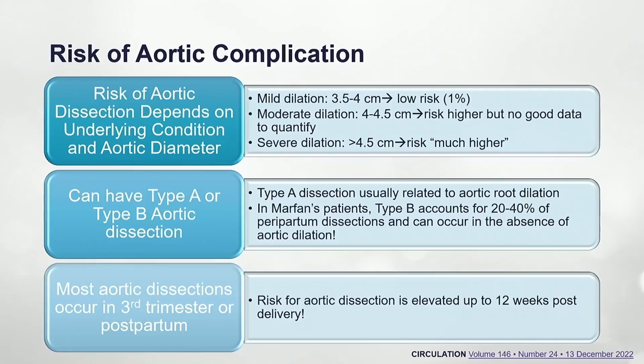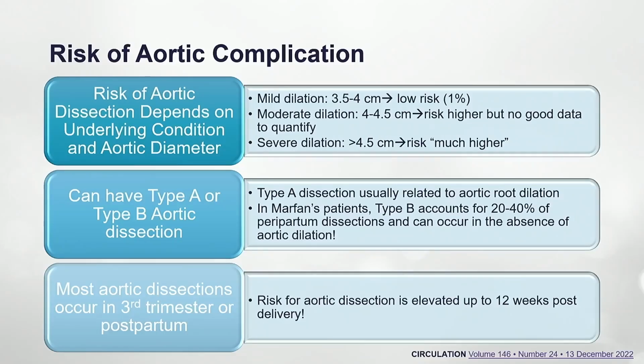Now, it's important to note that these risks that I'm talking about are related to type A dissection, which is obviously the scariest, right? It's an emergency cardiac surgery. It's a high morbidity and mortality, but these patients can also have type B aortic dissections. And so the data on this is specifically for Marfan's, but I think it's reasonable to extrapolate to the other ones that it can actually account for 20 to 40% of peripartum dissections, and it is not really related to your aortic root size.